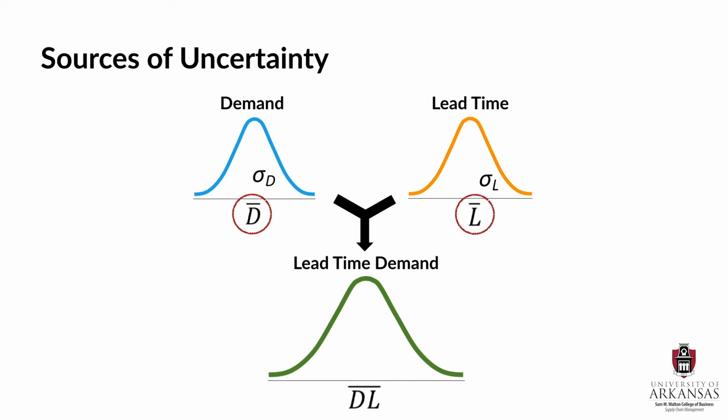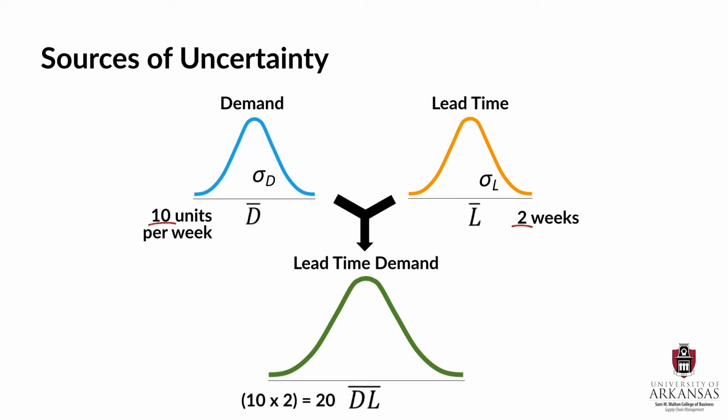This may sound more complicated than it actually is. Let's say that average demand for a product is 10 units per week, and let's say that the average lead time is 2 weeks. Then what is the average demand volume during the average lead time? It is simply 10 times 2, or 20. This is the product of D bar and L bar.